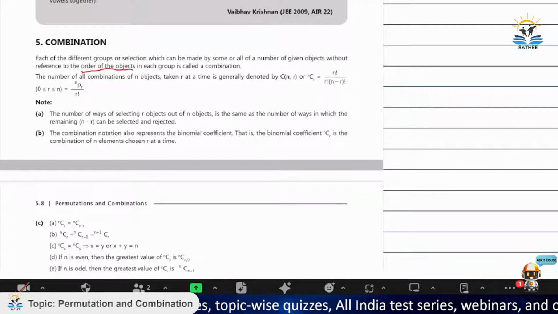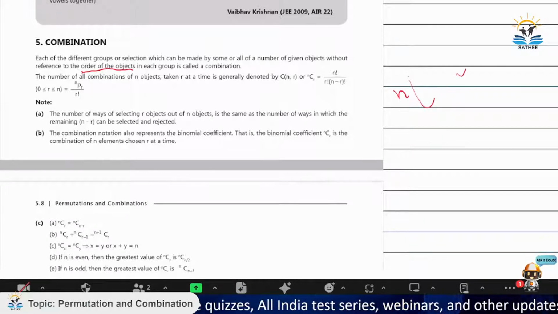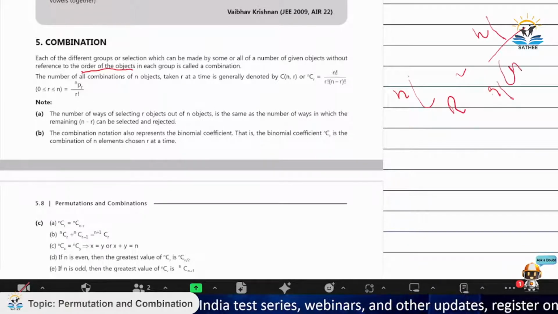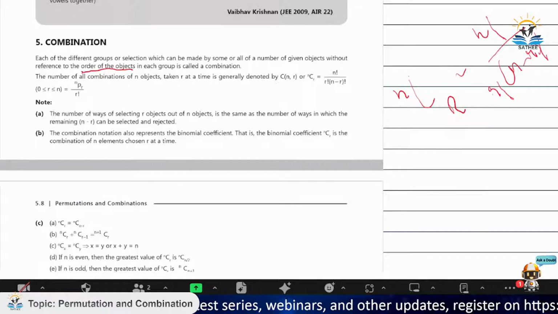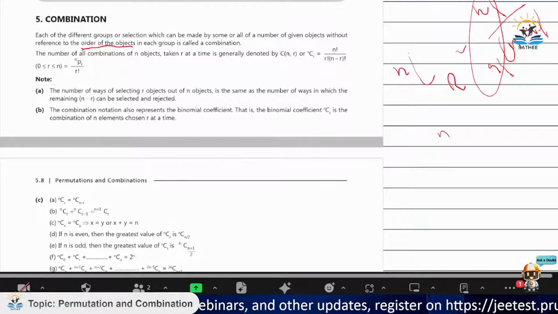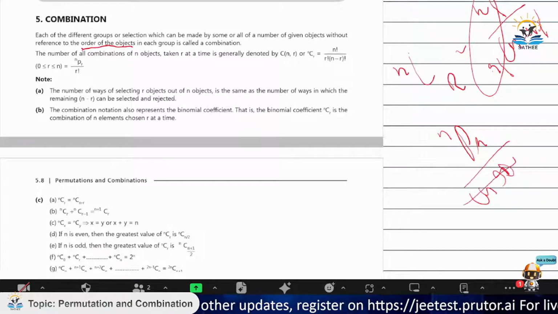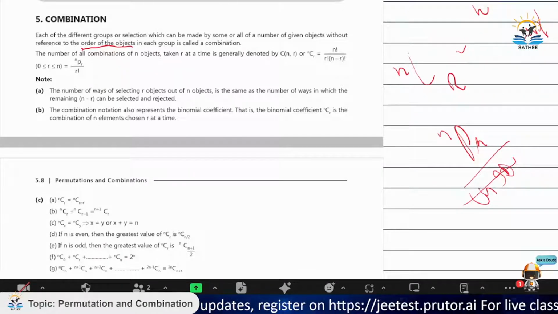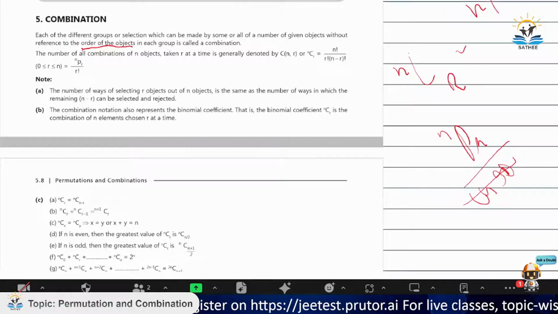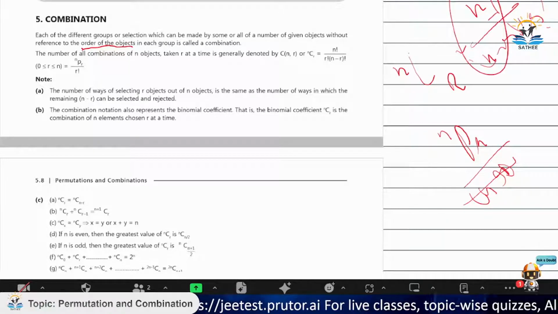So how do we write nCr? nCr is equal to n factorial divided by r factorial times (n minus r) factorial, right? Oh, sorry, this is nPr, guys. My bad. n factorial over (n minus r) factorial and r factorial. This is nPr.